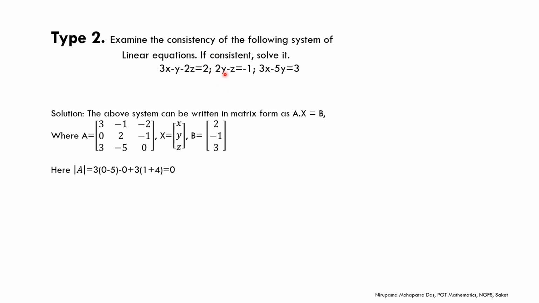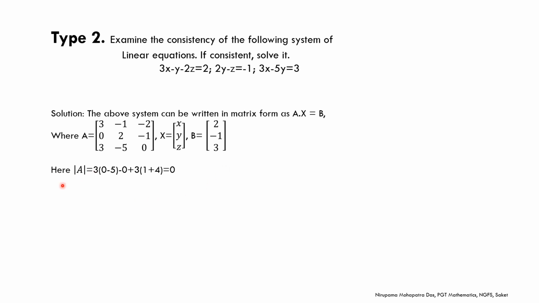Because we do not have an x term, we take the coefficient of x as 0. Similarly, the third equation is 3x minus 5y equals 3. Z is not there, so the coefficient of z is taken as 0. So this is your A matrix, this is your X matrix, and the B matrix is B1, B2, B3, which contains 2, minus 1, 3.